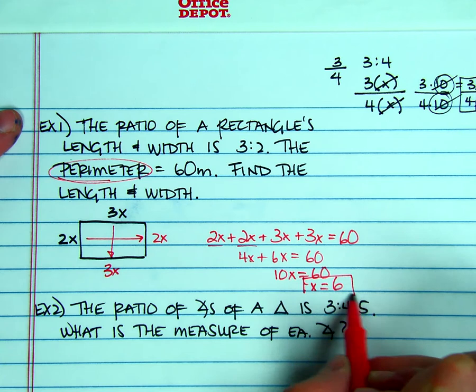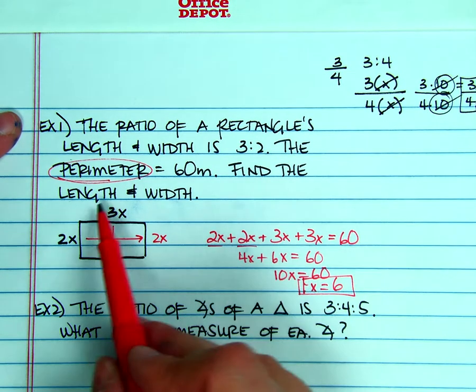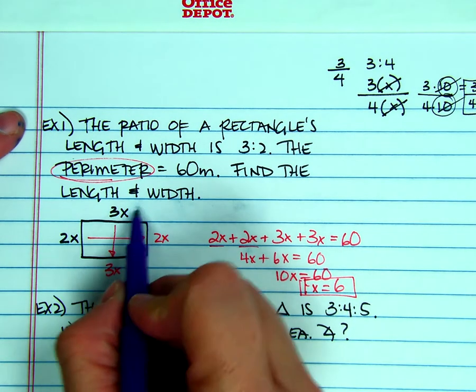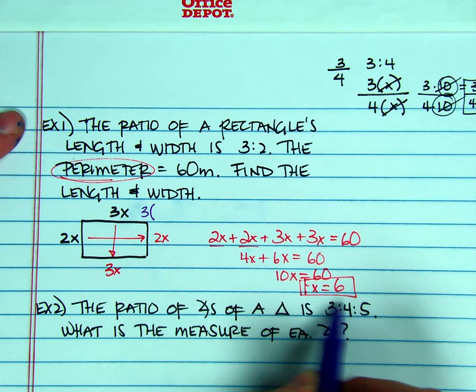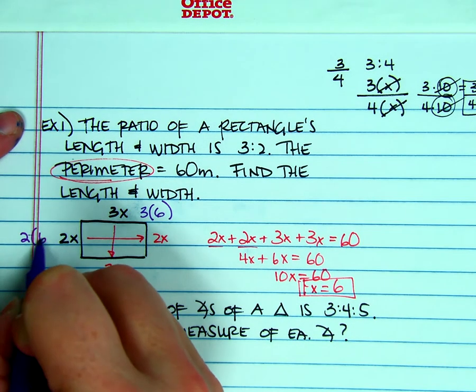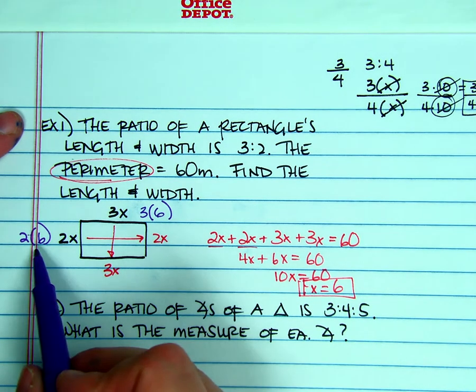So let's think about what we just found. x equals 6. But I'm looking for the length and the width. I'm going to have to go back and substitute 3 times my 6 that I just found and 2 times my 6 that I just found. So it gives me a length and a width of 18 and 12.